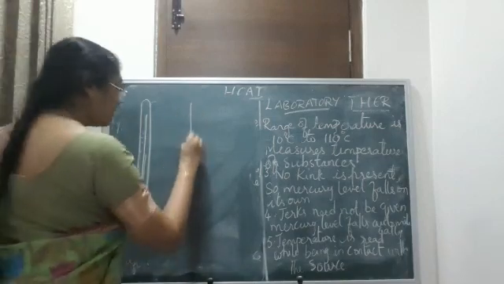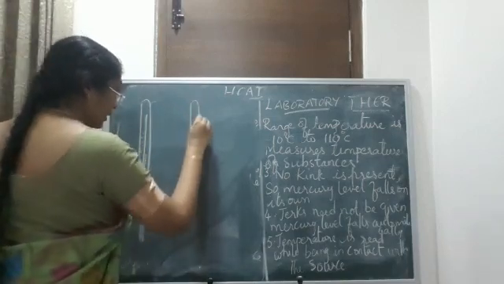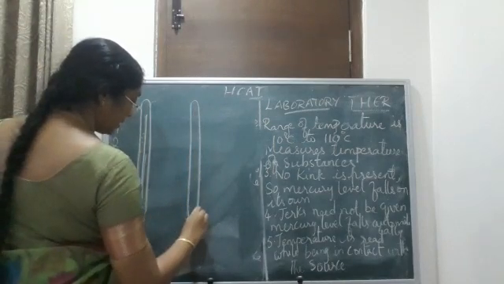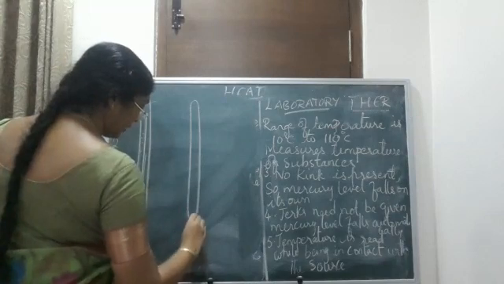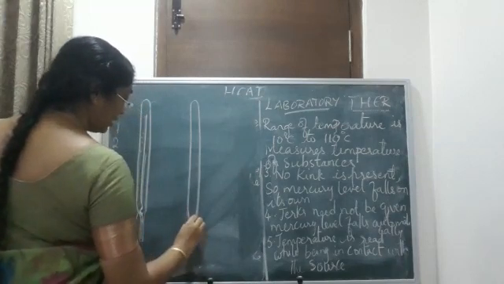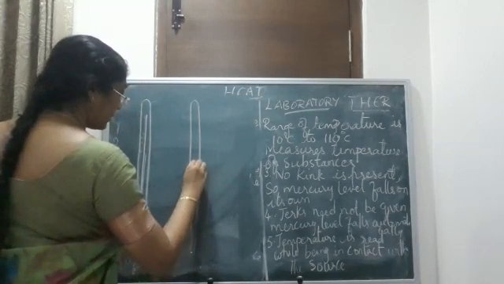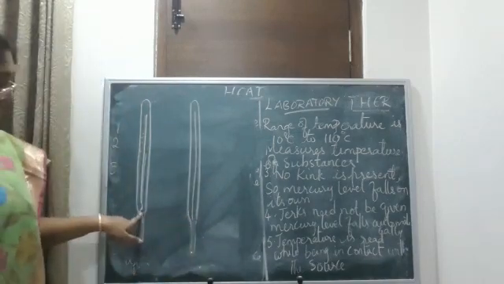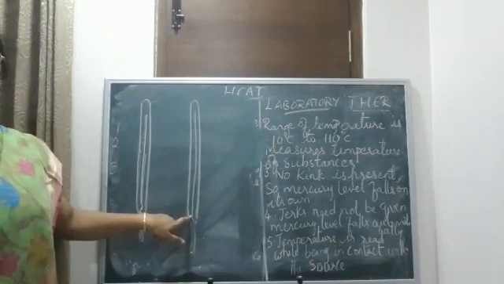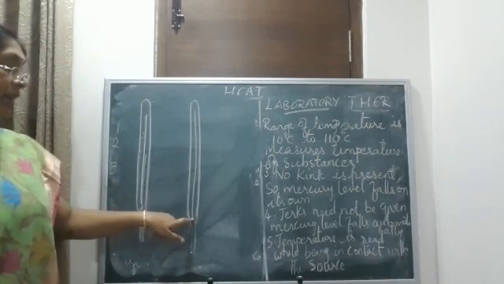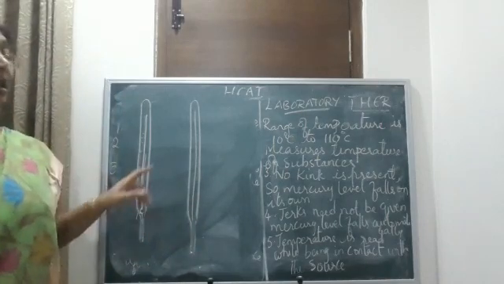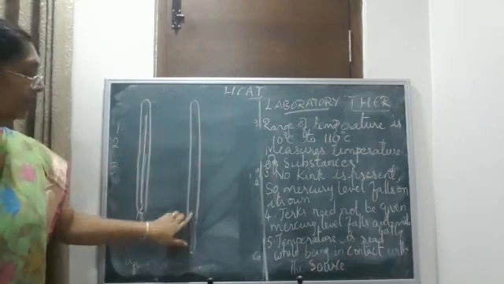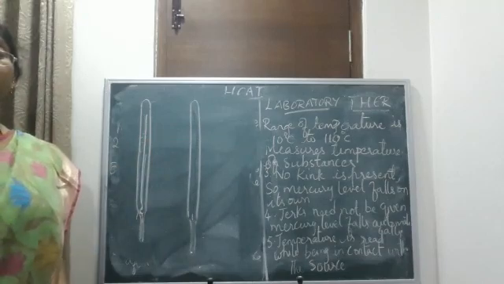This U-shaped bend is the kink which is present in a clinical thermometer. Whereas in a laboratory thermometer there is no kink, it is straight like this. There is no U-shaped bend here. This kink is absent here. So as long as it is in contact, it will show the temperature. The moment you remove it from the contact, the mercury level will immediately fall down.